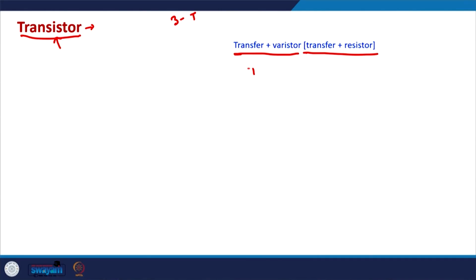The way to define modern transistors is that, in very simple terms, a transistor is a device that can achieve switching and amplification.